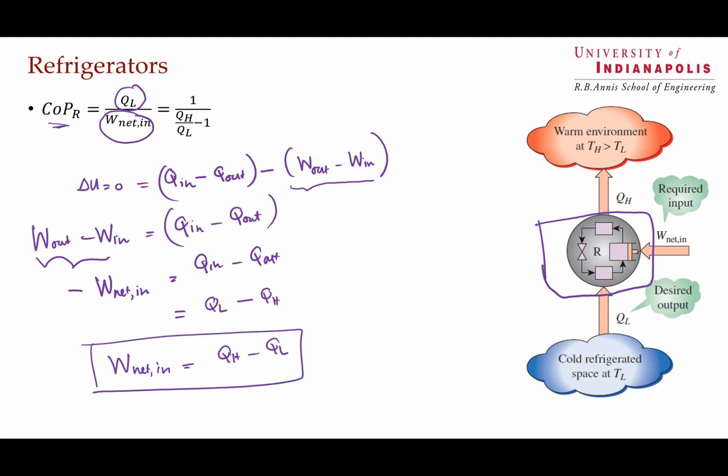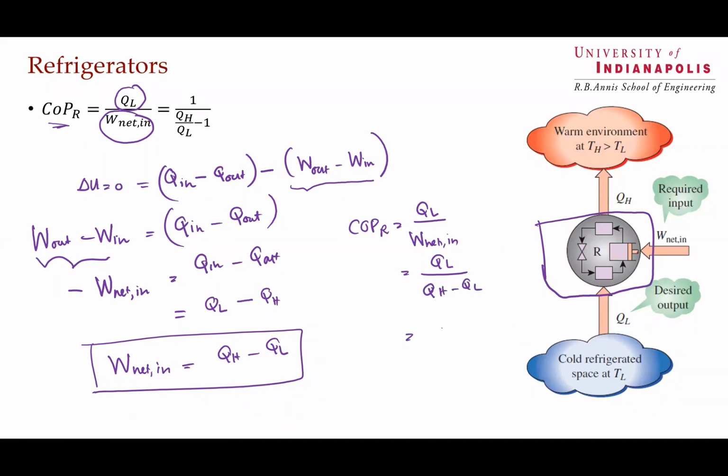Then you can substitute there, and you get COP of R equals QL divided by W net in, which is nothing but QL divided by QH minus QL.